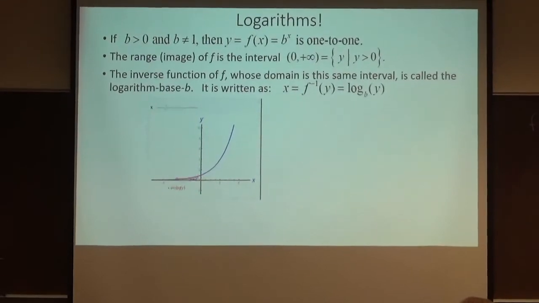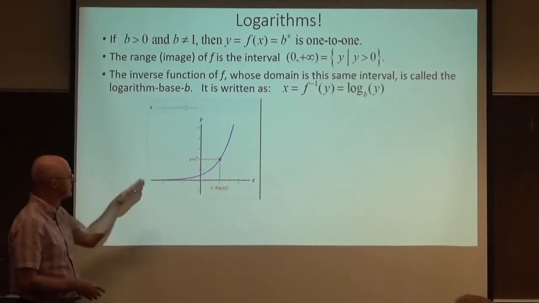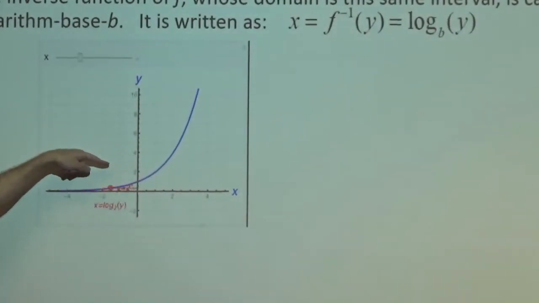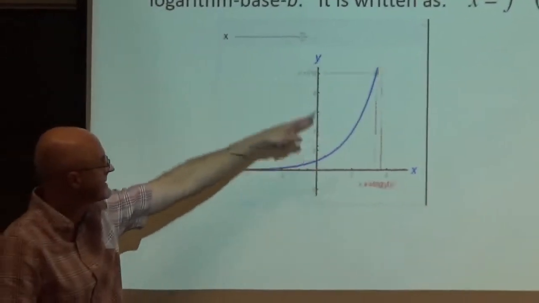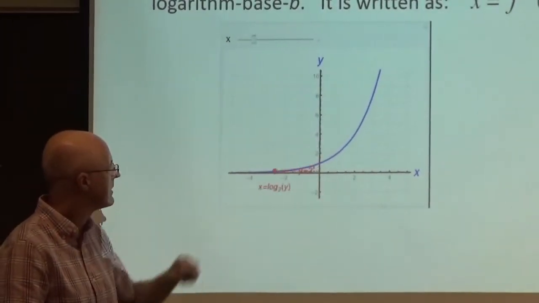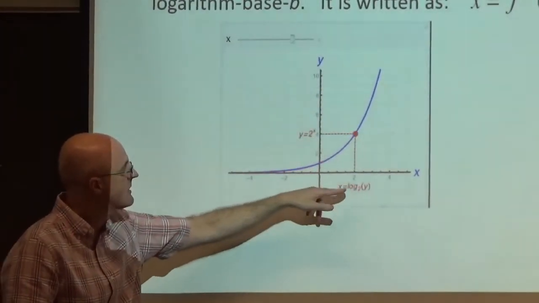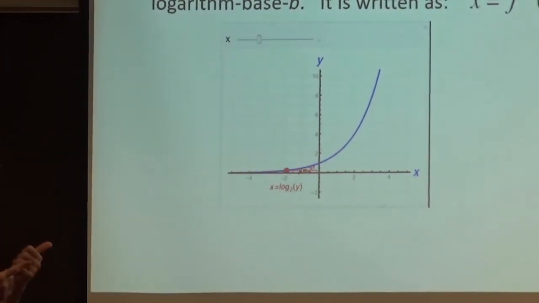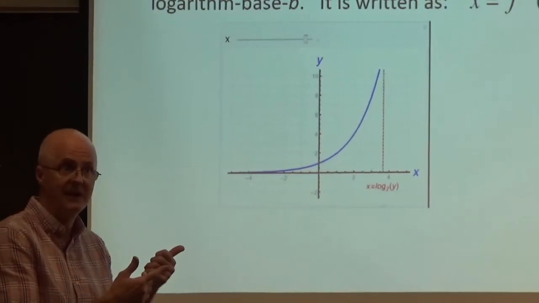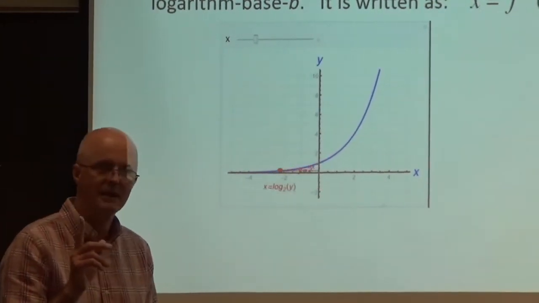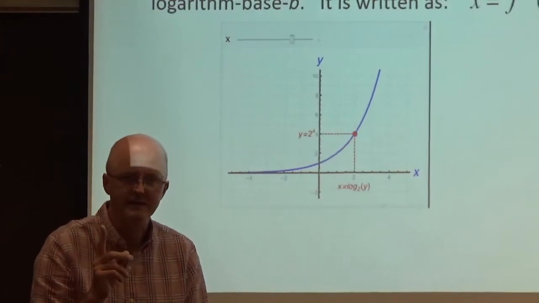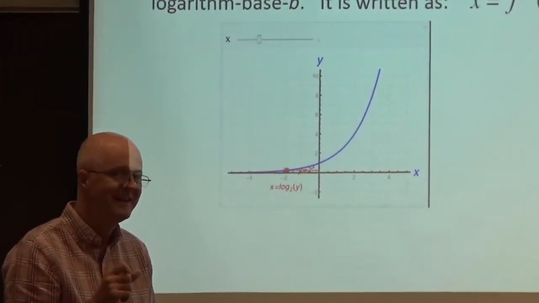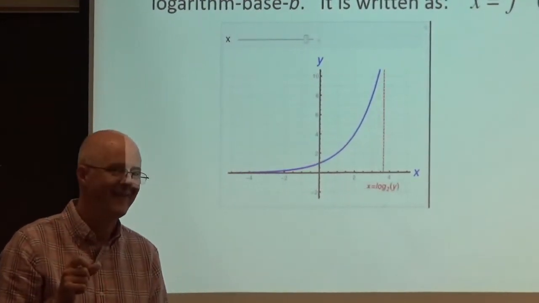Here's a picture of the situation when b is 2. So that blue graph is 2 to the x. Given a y, any y that's positive, there's exactly one input that gets mapped to it. We call that input log base 2 of y. This is not the graph of log base 2 of y, it's just a way of thinking about it. Actually, that's a little bit of a lie. Chew on this. It actually is the graph of log base 2 of y if you think about it in the right way.